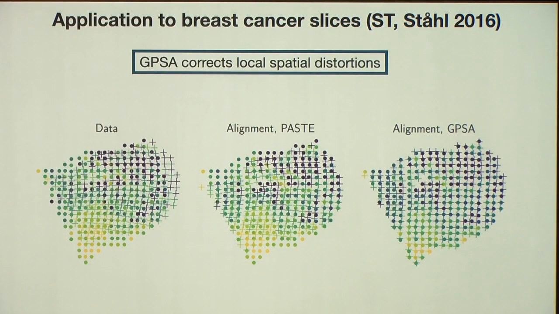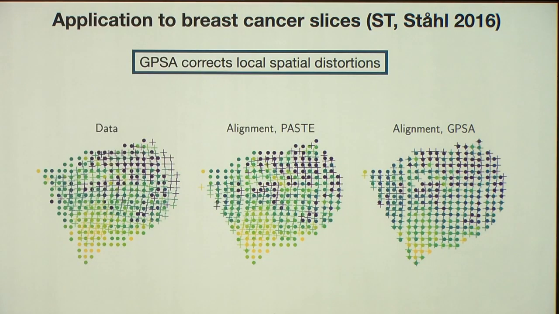Moving on to spatial transcriptomics data, we applied our model to a series of data sets, so I'll walk you through those results now. We first applied it to this data set from Ståhl et al. in 2016, which profiled a series of breast cancer biopsies using spatial transcriptomics. We first applied synthetic warps to their spatial coordinates and used the phenotypes given by the data, and we checked whether GPSA could correct for these warps.